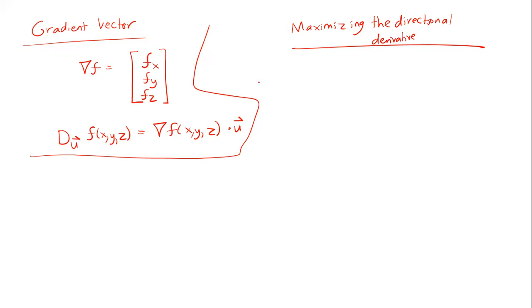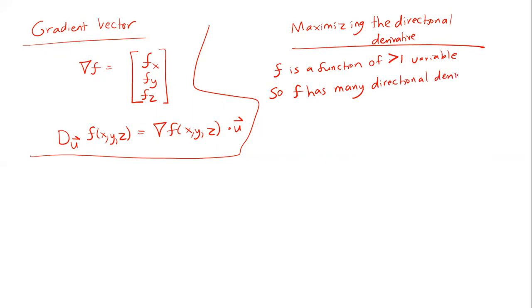In this case, here is the question that we can ask. We want to say f is a function of more than one variable. So f has many possible directional derivatives at a given point, because I could look at the derivative of f in many possible directions.